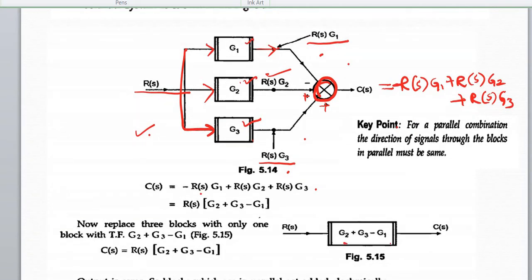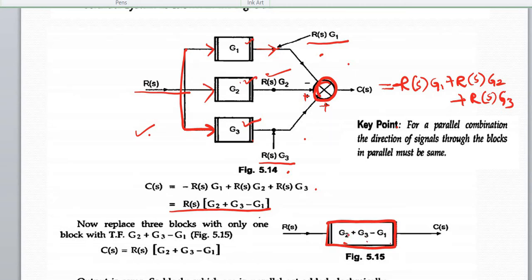So C of S is equal to R of S G2 plus R of S G3 minus R of S G1. Taking R of S out, this is G2 plus G3 minus G1. So this can be represented as only one block, that is minus G1 plus G2 plus G3.